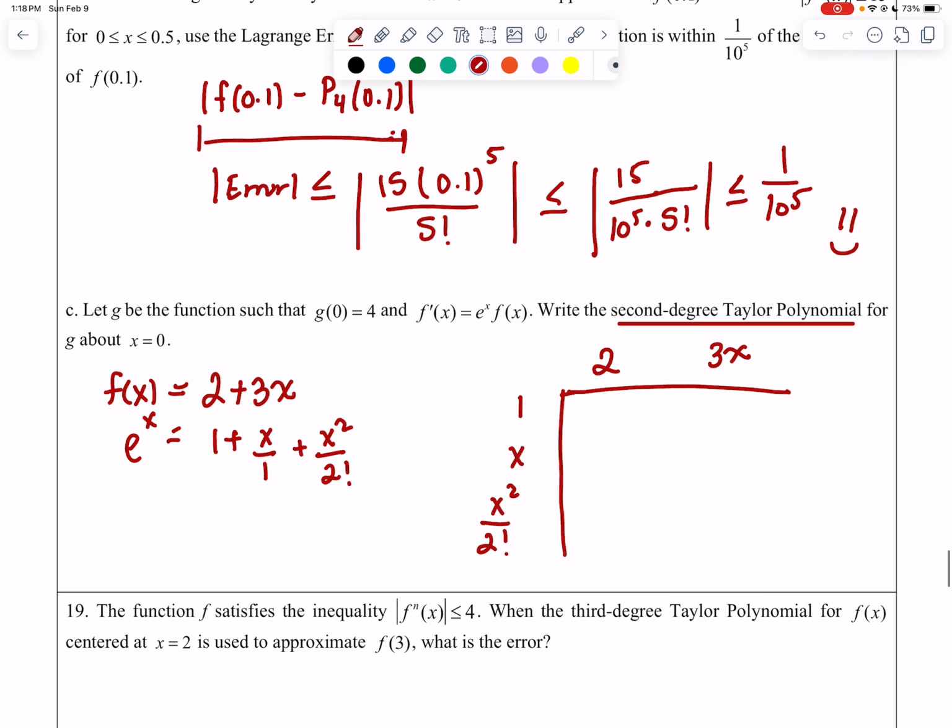then I'm going to have 2, 3x, 2x, let's see, 3x squared, x squared, and then this right here is going to be too big for us, which is what we don't want.